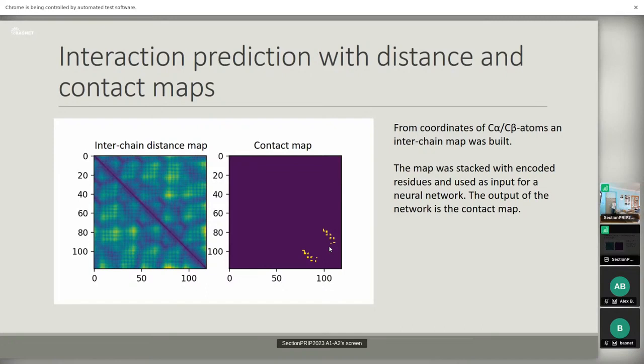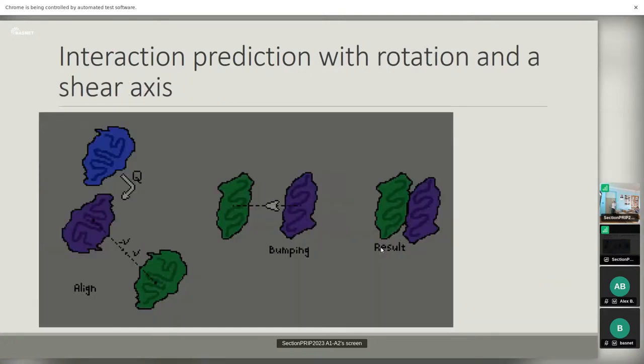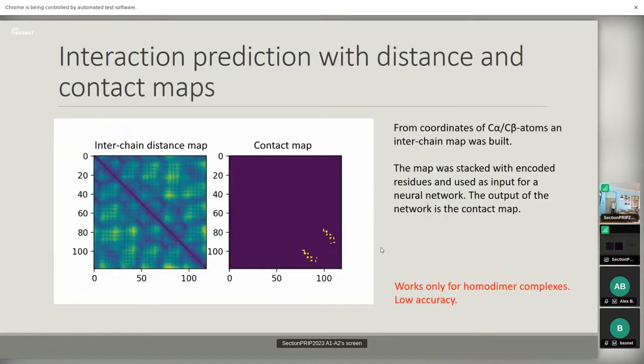Then we put that map into a fully convolutional neural network and predict the contact map. This approach mostly works with heterologous complexes. Homologous complexes consist of two identical molecules, and there we had low accuracy.